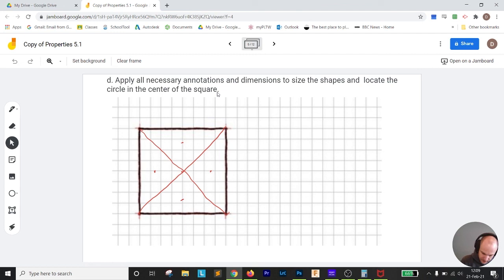Do the best job you can to draw the circle. And then we would add our center mark for drawing purposes. We could get rid of all of this silliness, and we could go in and dimension. Okay, so just going into dimension, we would locate the circle as such.